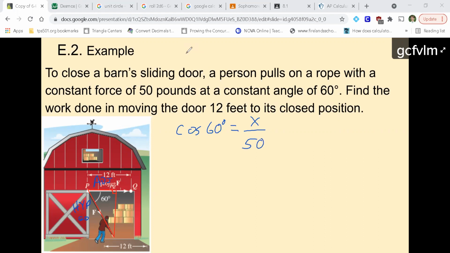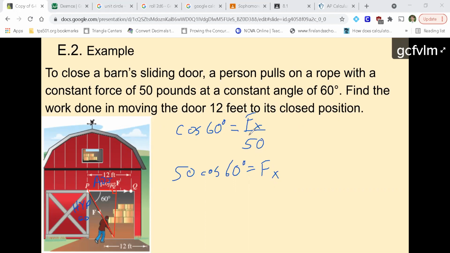Or maybe I think a better notation would be for this problem, F sub x. Is that a notation that Ms. Mignano uses? Force in the x component. Solve that, we get 50 times the cosine of 60 is equal to your force in the x direction.